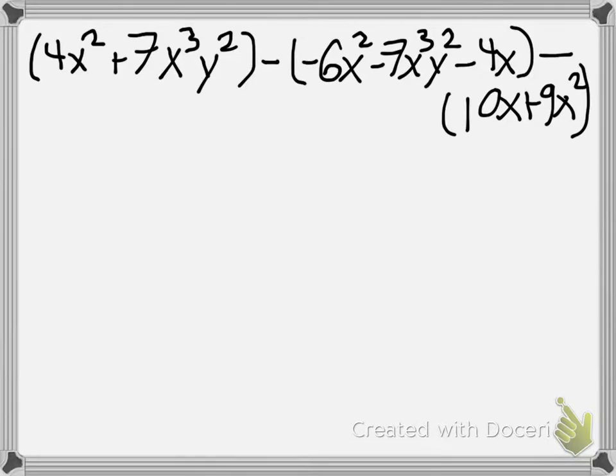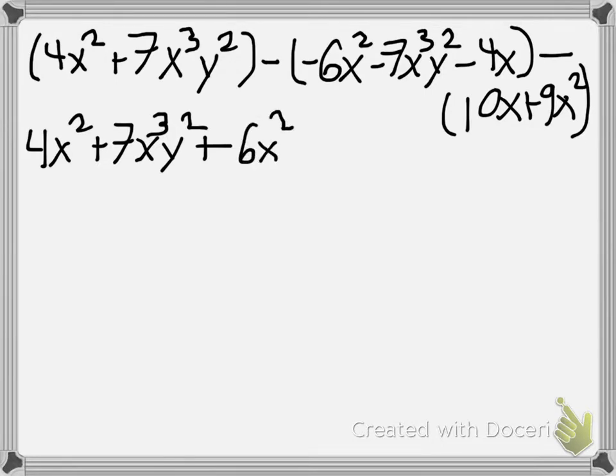But again, you start out by doing the same thing. We need to get rid of these negatives by distributing the negative across. So we're going to leave the first one alone, but we're going to take the parentheses away. So we got 4x squared plus 7x cubed y squared. Now this minus sign, that becomes a plus, and we change all the signs in this particular one. So this negative 6x squared becomes 6x squared.